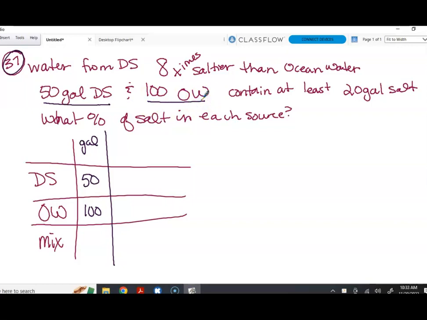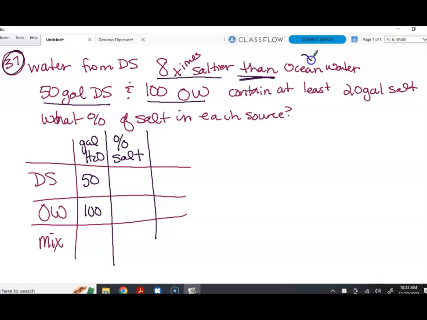So that takes care of those two things. Remember, we need that percent because it's always the whole times the percent equals the part. So this is the percent of salt, this is gallons of water, and this is gallons of salt.